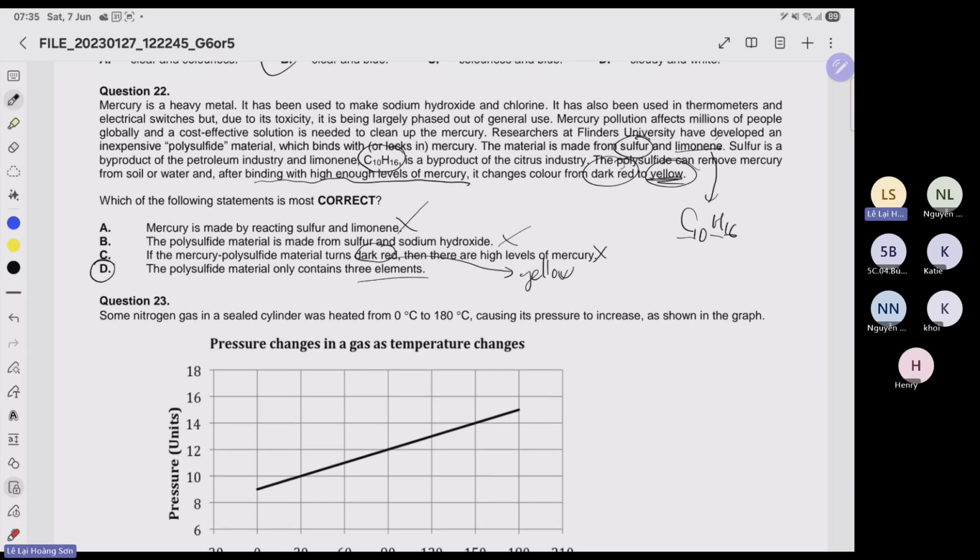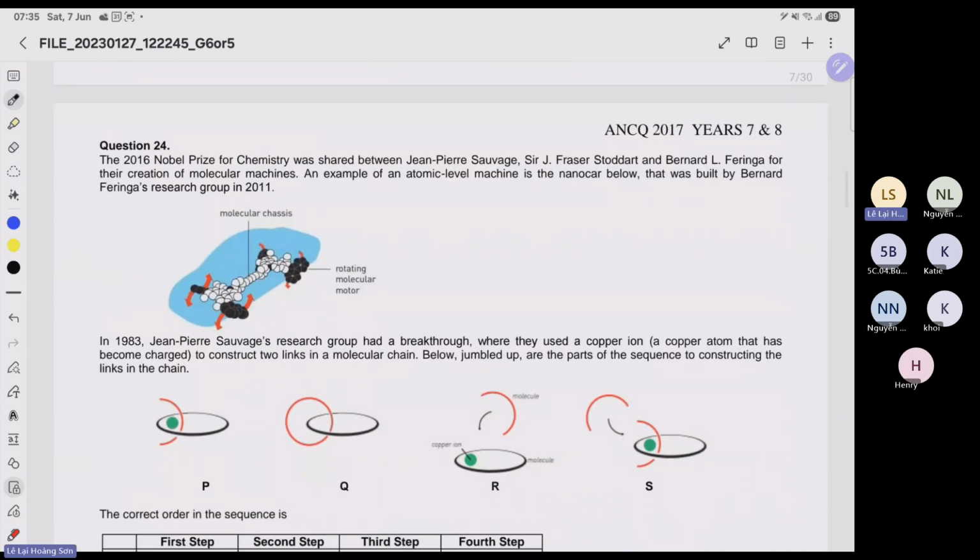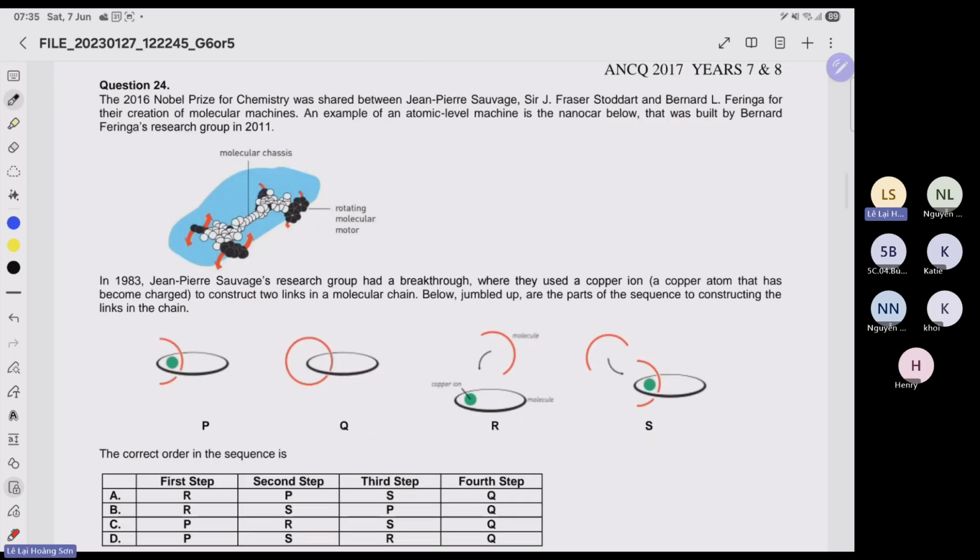Question number 24. The Nobel Prize was shared between these two people for molecular machines. It's a machine on a very small scale. The breakthrough was where they used a copper ion to construct two links in a molecule chain.